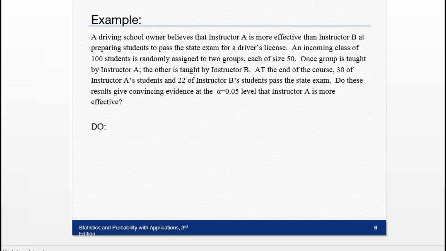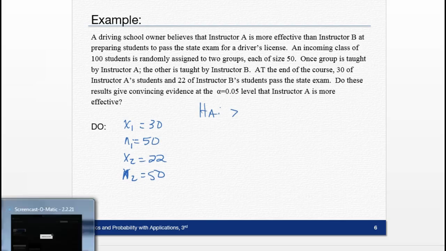Now for the do step. So remember Instructor A, so x1 and n1, these are Instructor A. We have 30. X2 was 22. N2 was 50. And remember our alternative was a greater than, right? So we're going to use all that information to calculate my z-score.